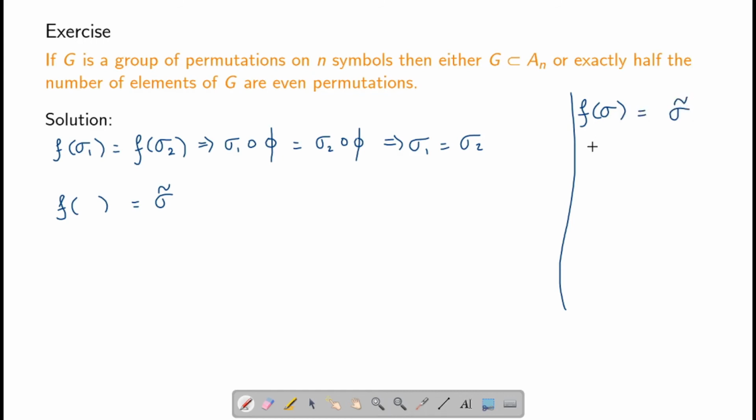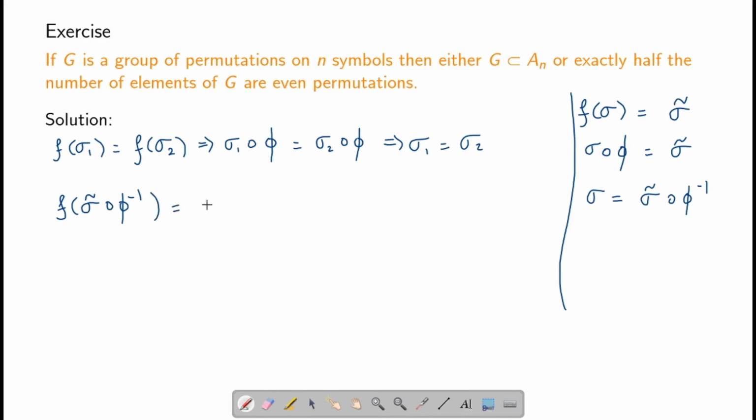That is, we want sigma such that sigma composition phi is sigma tilde. That is, we want sigma to be sigma tilde composition with phi inverse. Okay, so you can see here, this is the natural choice for sigma. That is sigma tilde composition with phi inverse.